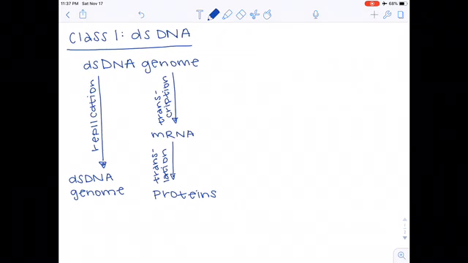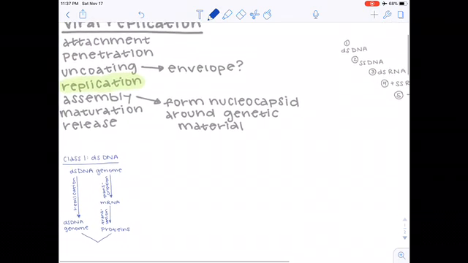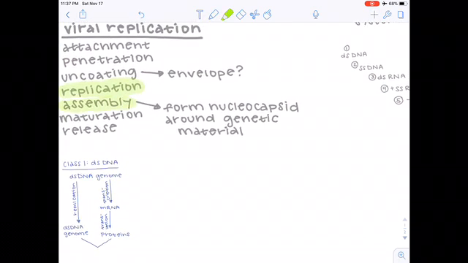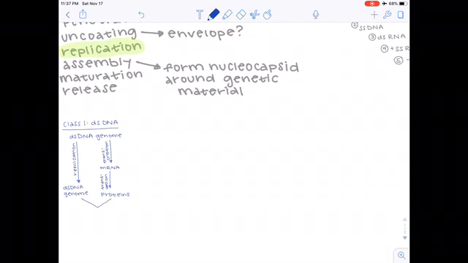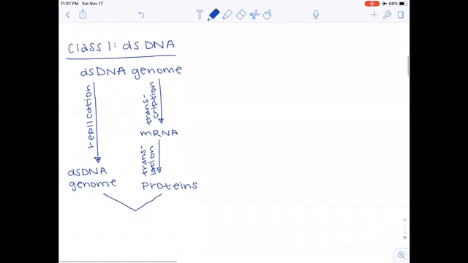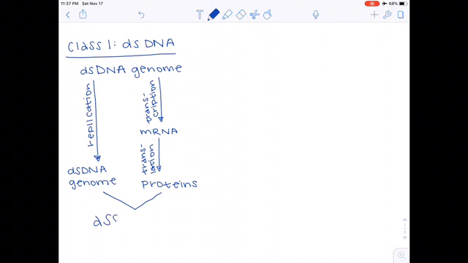So then those 2 things put together, like we said up here, we have assembly right there. Those things are going to assemble into the completed structure. So let's go back and talk about these.